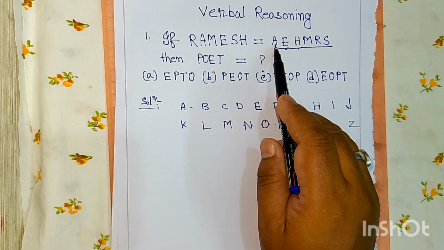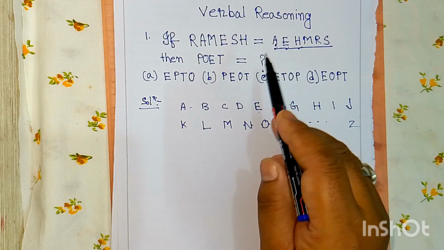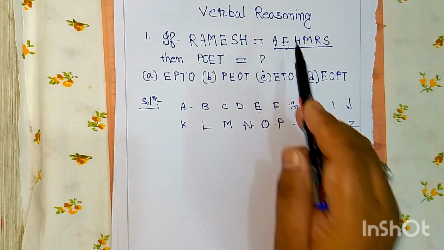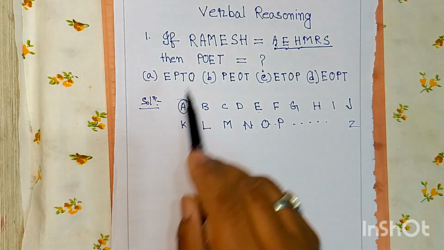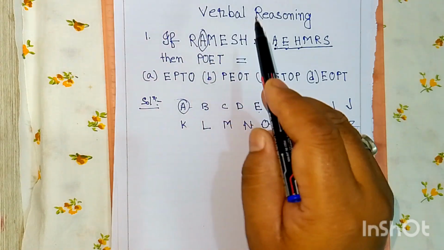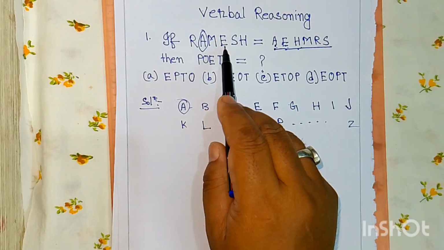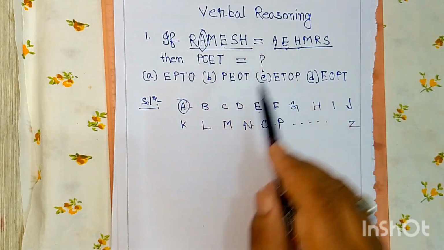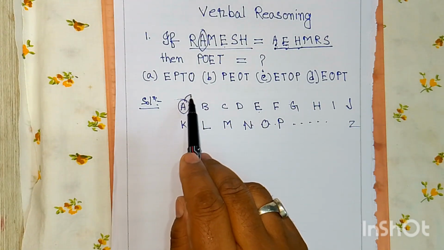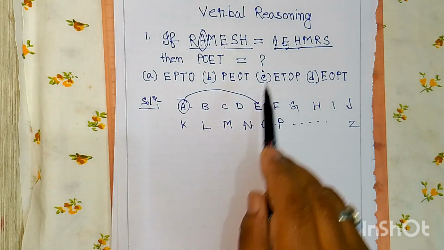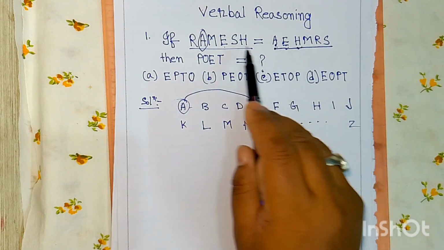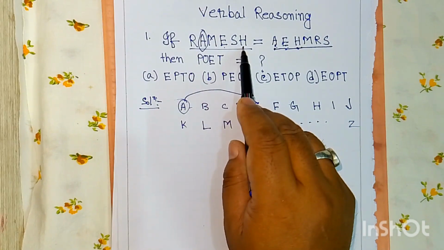A is the first alphabet, as everybody knows in the English alphabet. Here A is contained first. Then E is contained in this word. In alphabetical order, A, E. Then H is here.